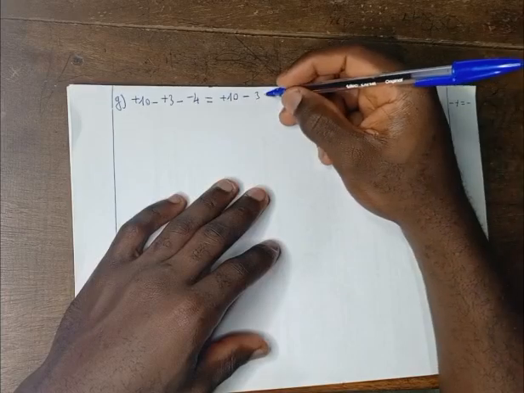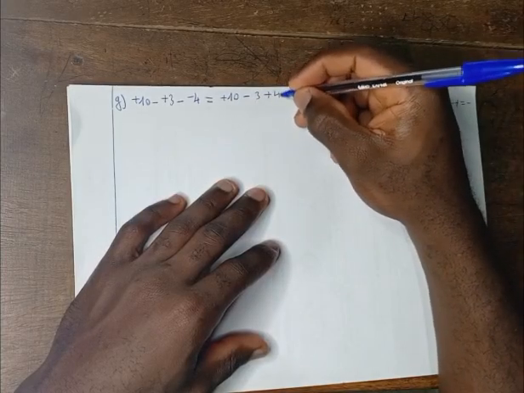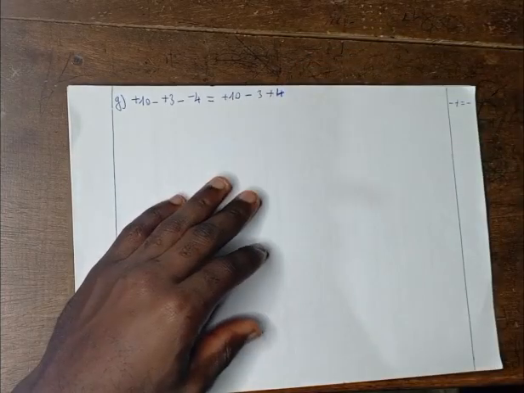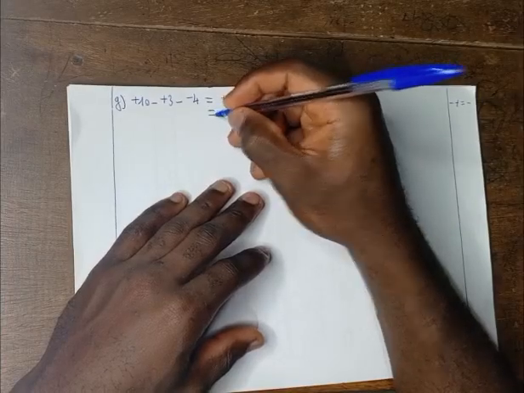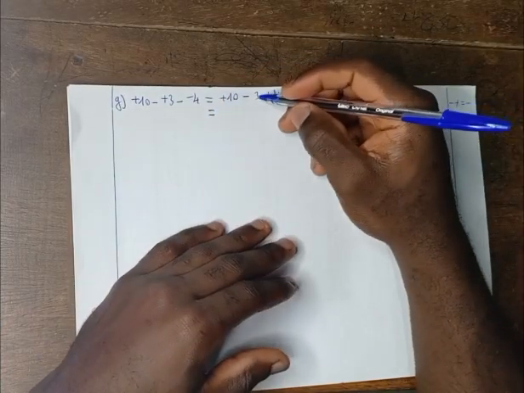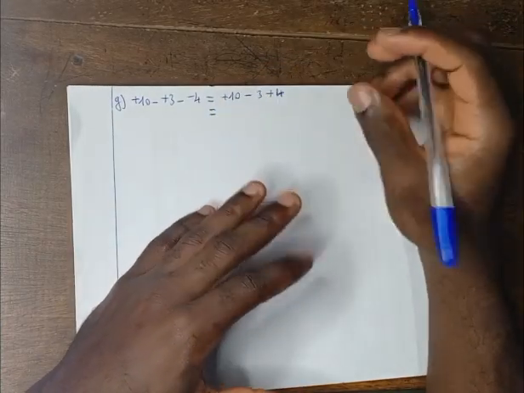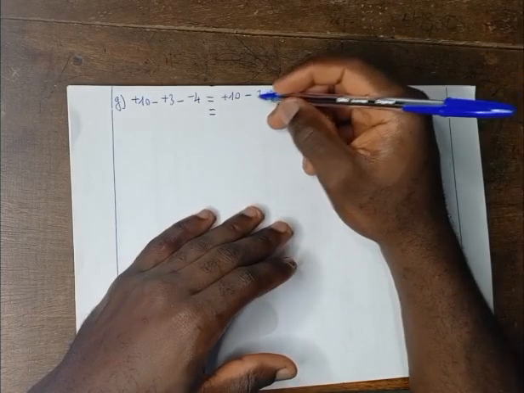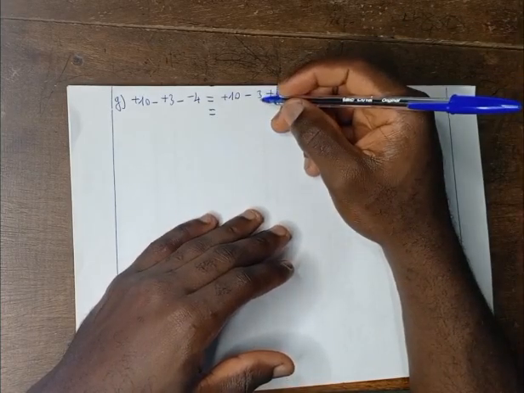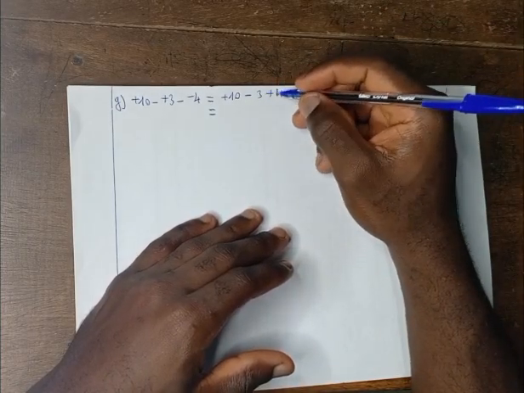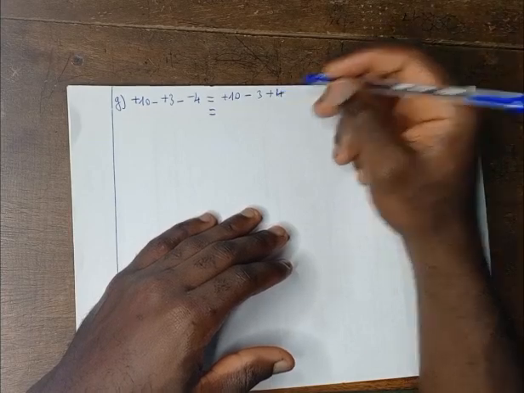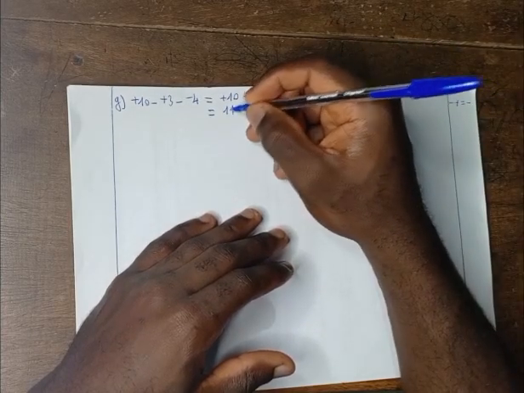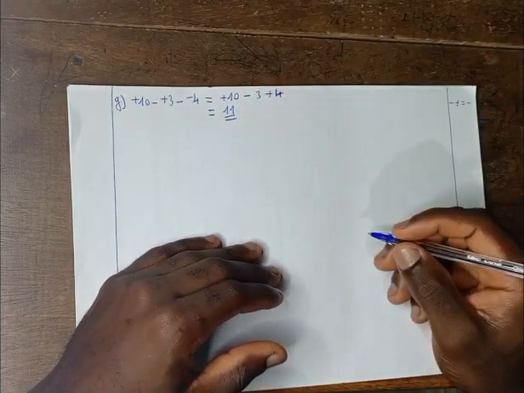Negative negative, the resulting sign will be positive, plus 4. So positive 10 minus 3 is simply the same as 10 minus 3, which gives us 7. 7 plus 4 will simply be equal to 11. So 11 is our answer.